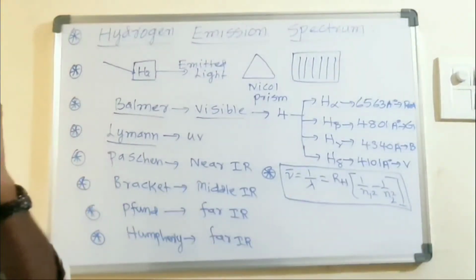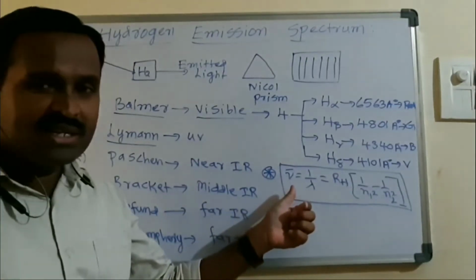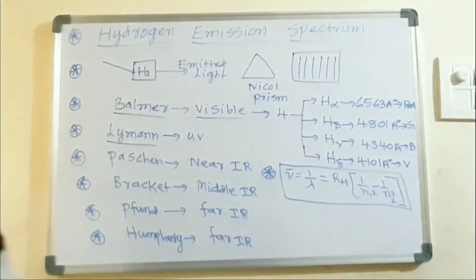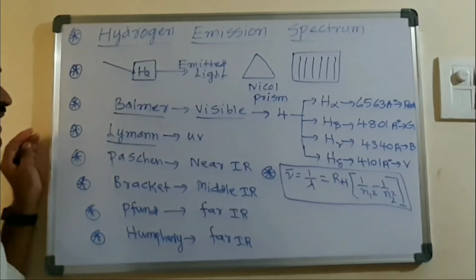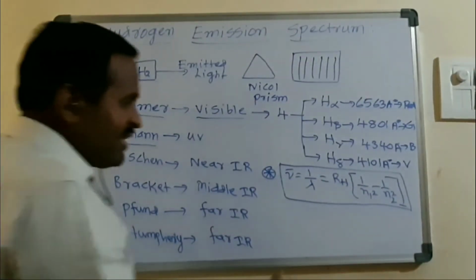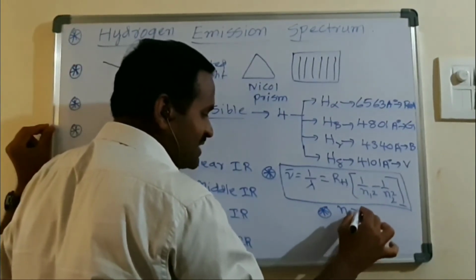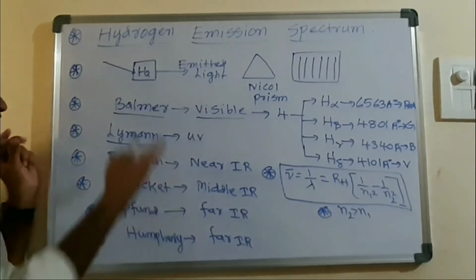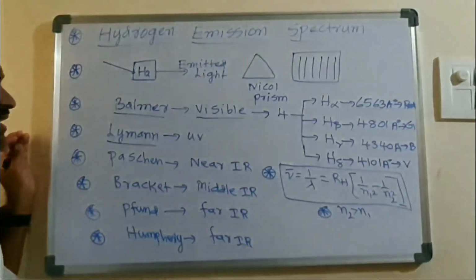Here nu bar is the wave number, lambda is the wavelength, RH is the Rydberg constant, whereas n1 is the lower energy level and n2 is the higher energy level, right? Always here n2 is greater than n1, right? So this equation can be applied for all these 6 series of lines.